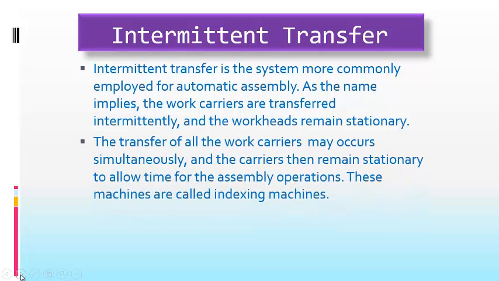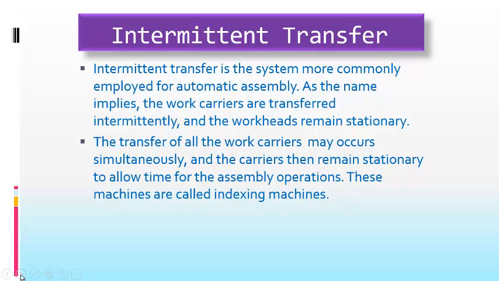The transfer of all work carriers may occur simultaneously, and the carriers will remain stationary to allow time for the assembly operation. These machines are called indexing machines. In some machines, we find the intermittent motion of all the carriers done at the same time, and this is indexing.